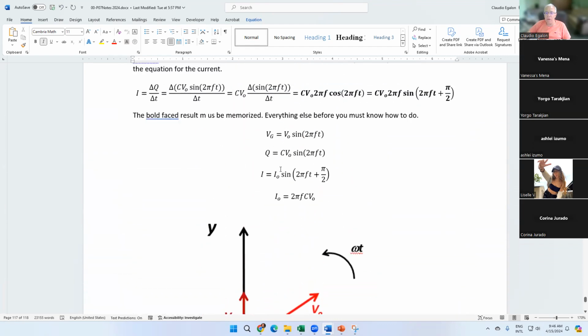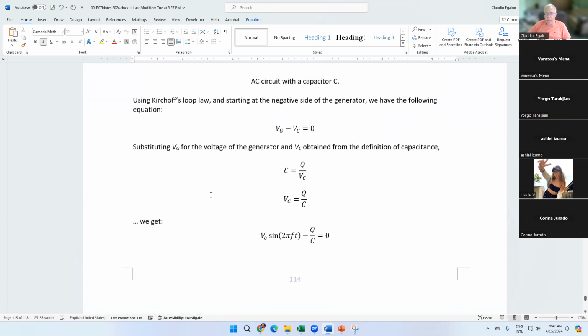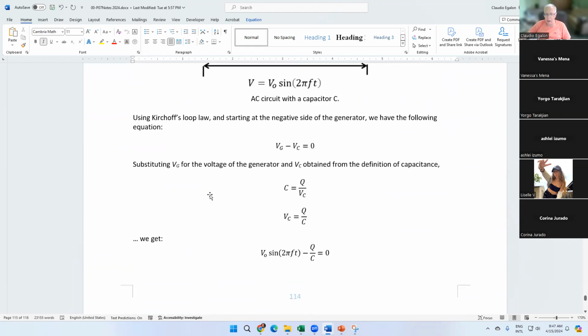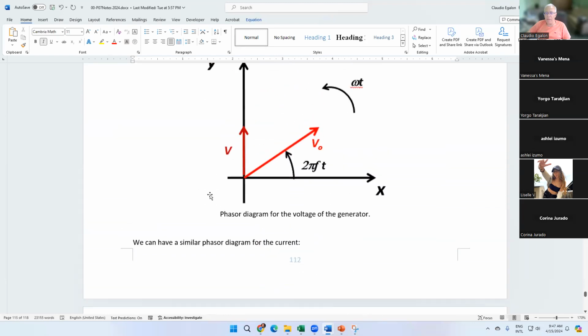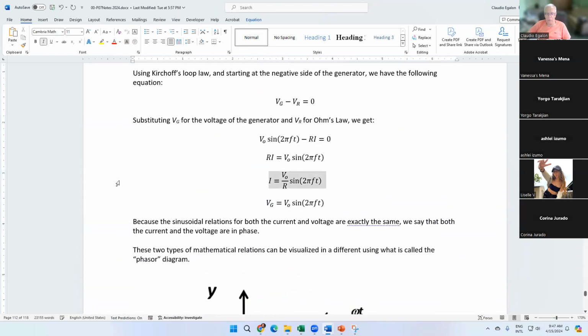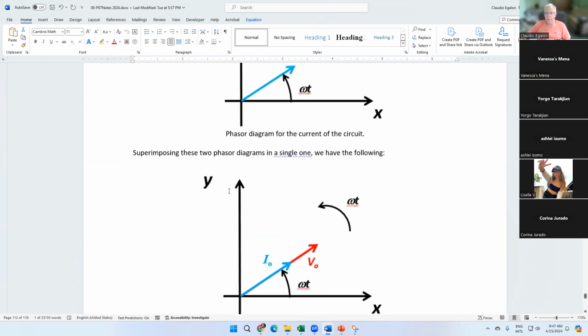And then I'm going to put it side by side with the equation for the current of an AC circuit with a resistor, right in here.